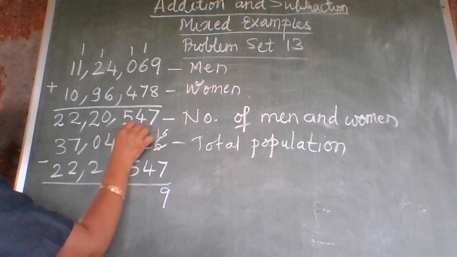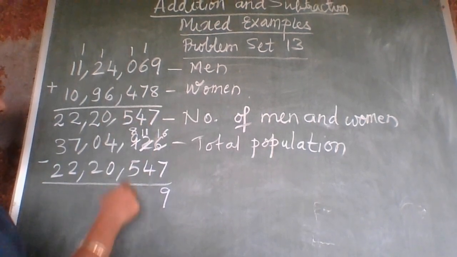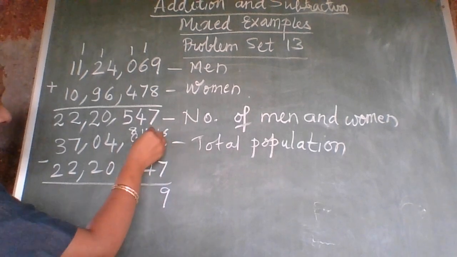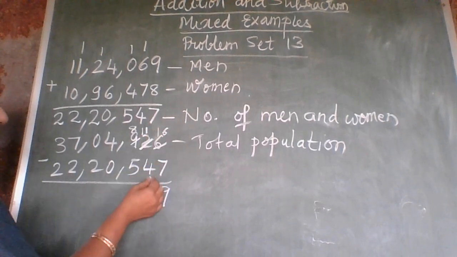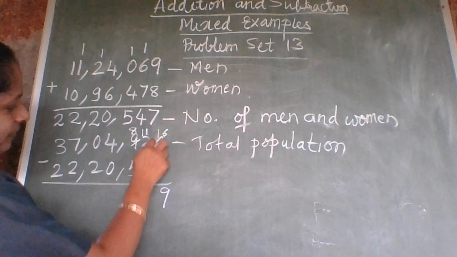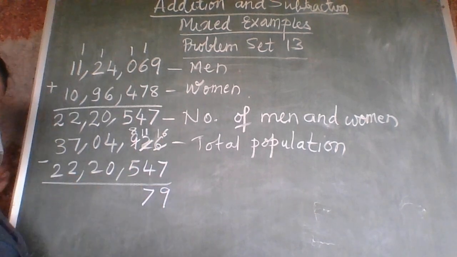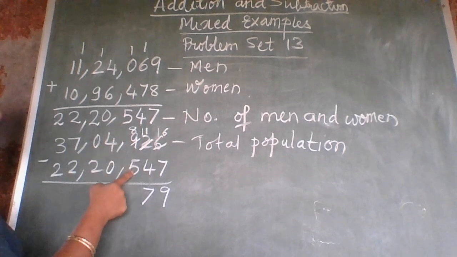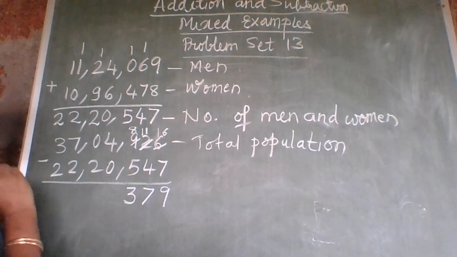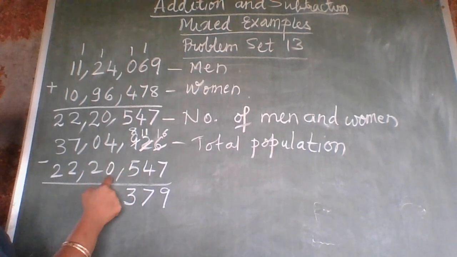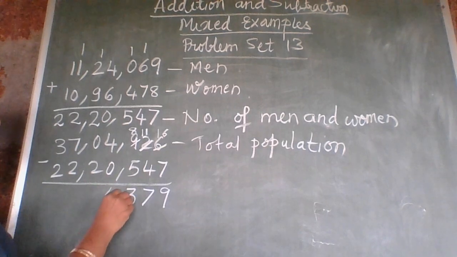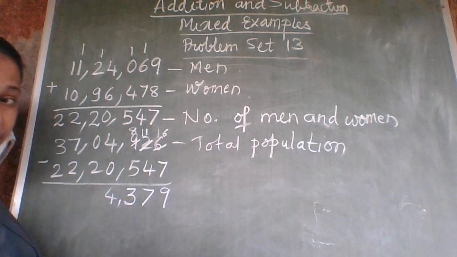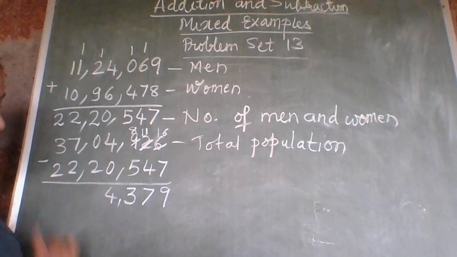This will become 8. Now from 11 we can easily subtract 4. So 11 minus 4 is nothing but 7. Now here it is 8 and this is 5. So 8 minus 5 becomes 3. Now 4 minus 0 is 4. Subtracting 0 from any number, that number always remains.